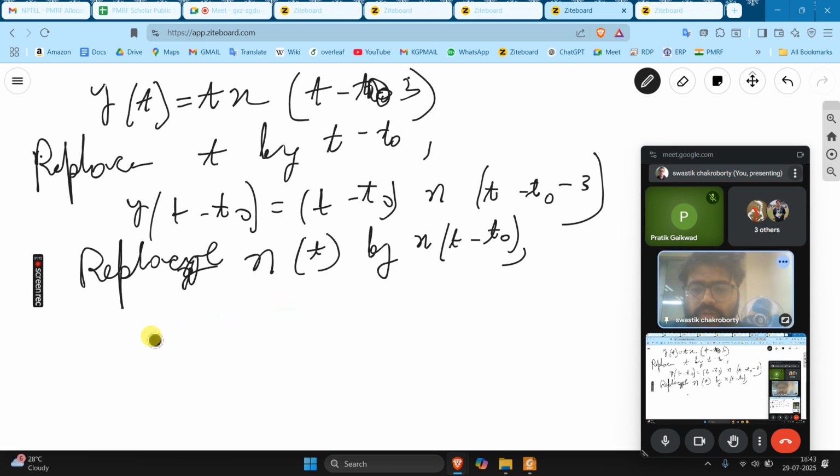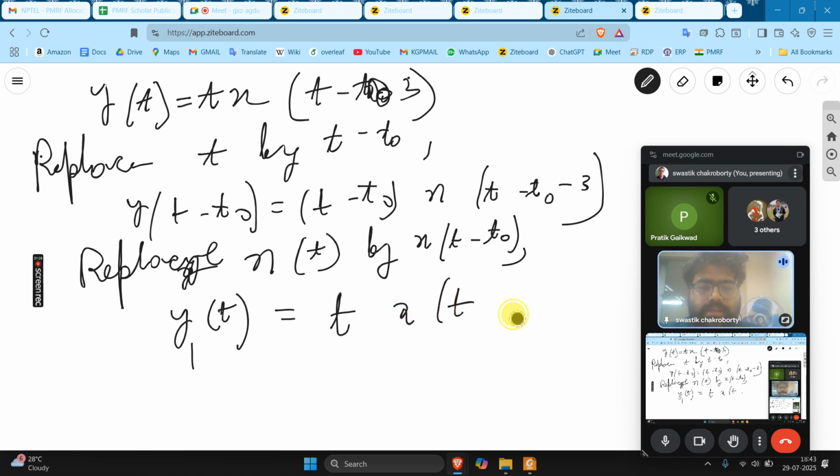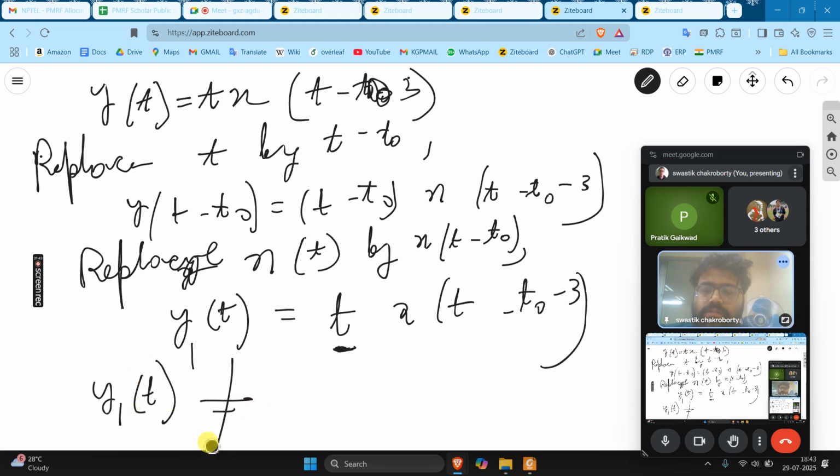So here you will see that y1(t), let's say, that is the output to the shifted signal, is t times x(t minus t naught) minus 3. Here you see this t remains unaffected. Why? Because you are only shifting the signal, so the system response remains unaffected. So y1(t) is not equal to y(t minus t naught).